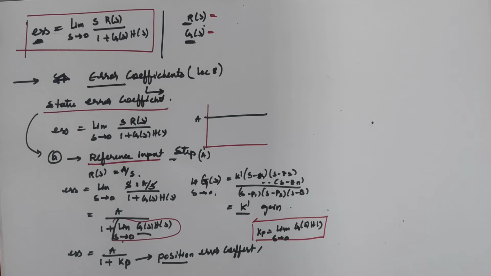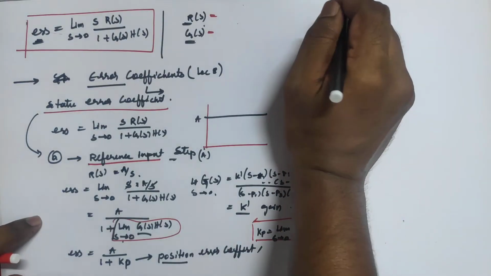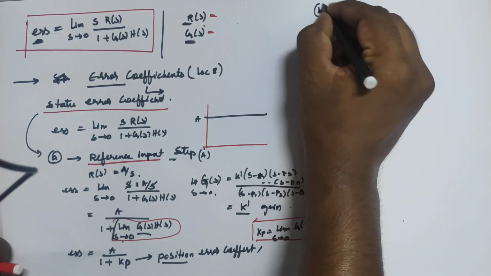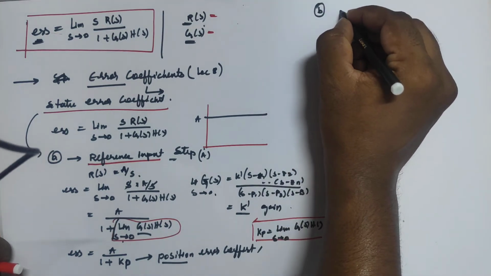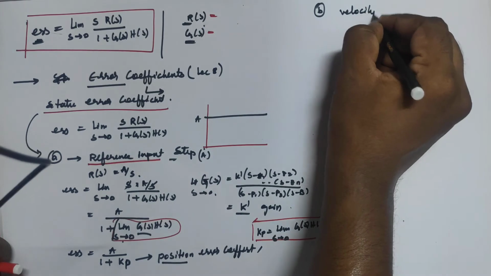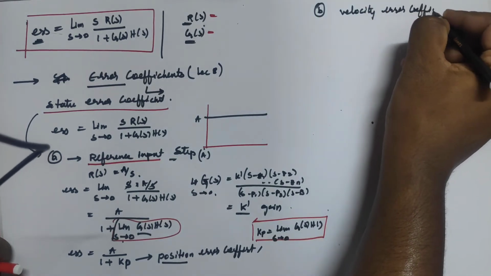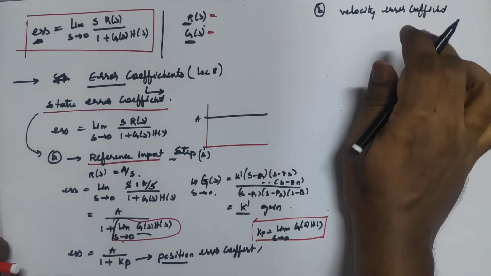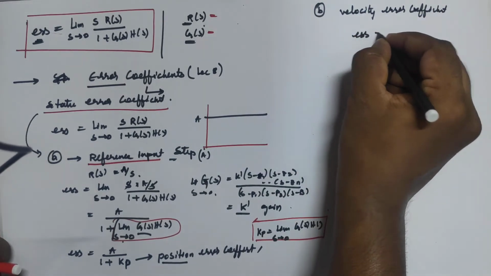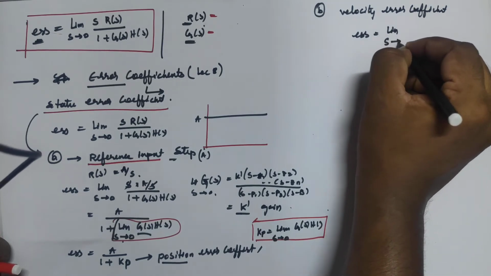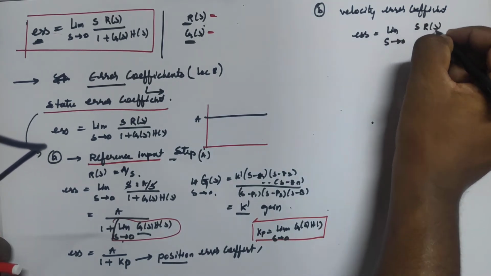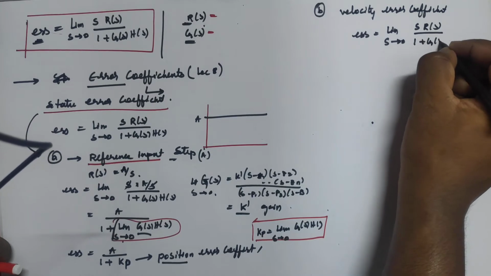Now moving to another coefficient, that is the velocity error coefficient, the second one. In this velocity error coefficient, we have a steady state error equal to limit s tends to 0 of s R(s) by 1 plus G(s) H(s).